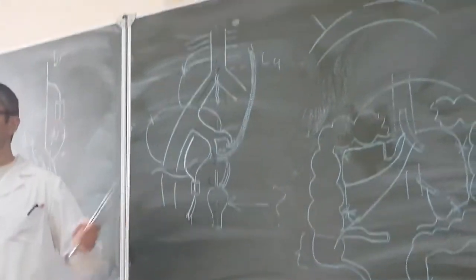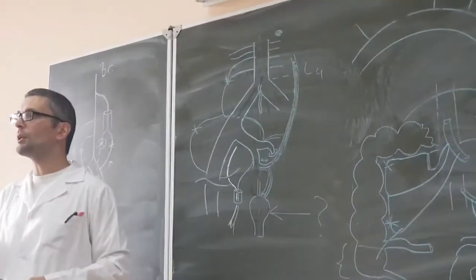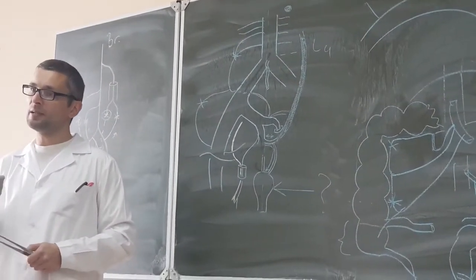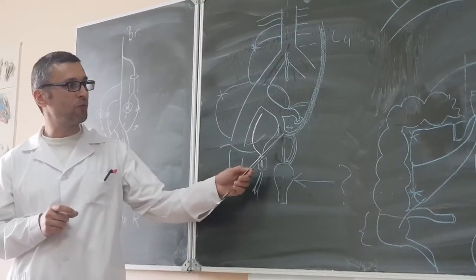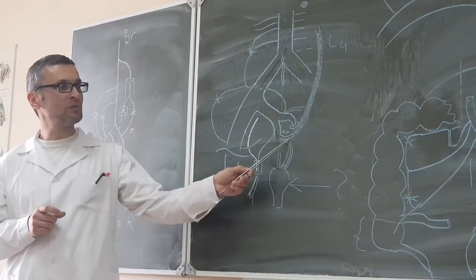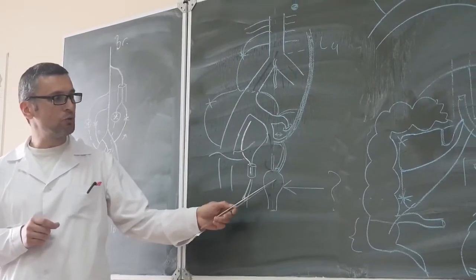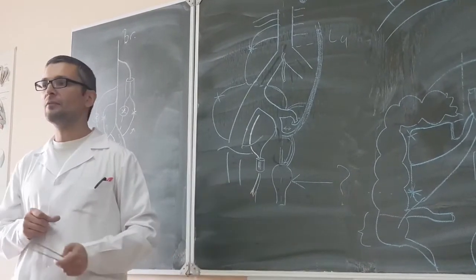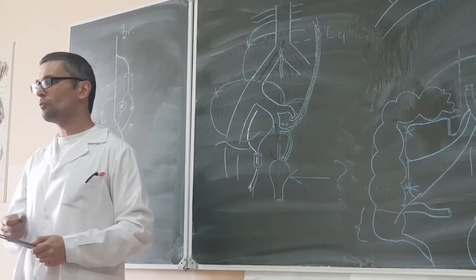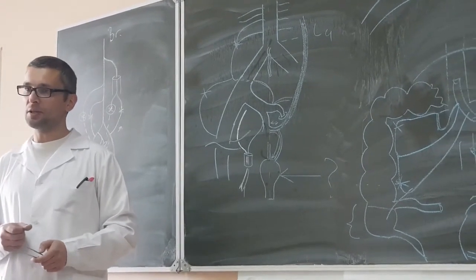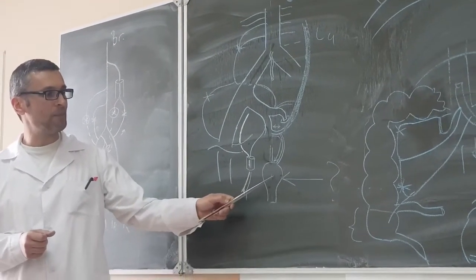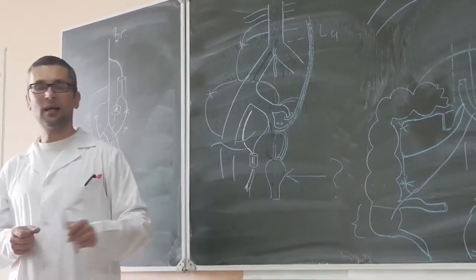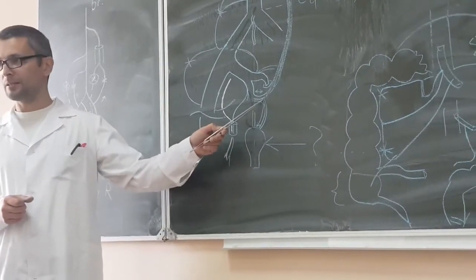A very small part of the umbilical artery remains with a lumen, a cavity, and this part goes from the beginning to the origin of the artery which goes to the urinary bladder. This artery is called arteria vesicalis superior. So usually the superior vesical artery, supplying the upper part of the urinary bladder, starts from arteria umbilicalis.